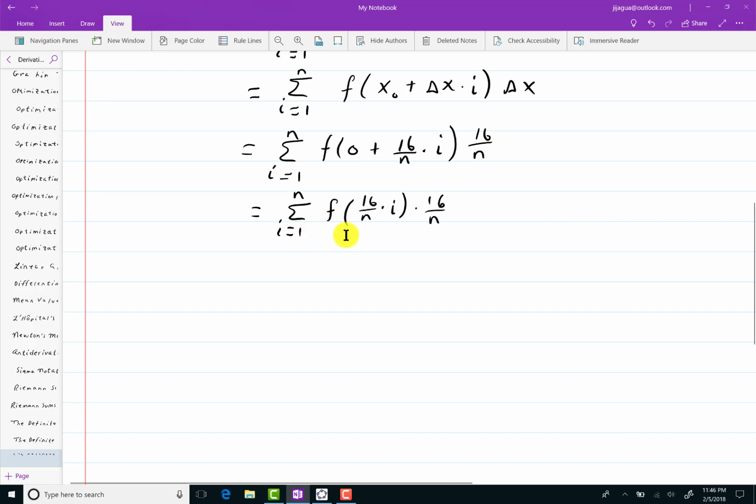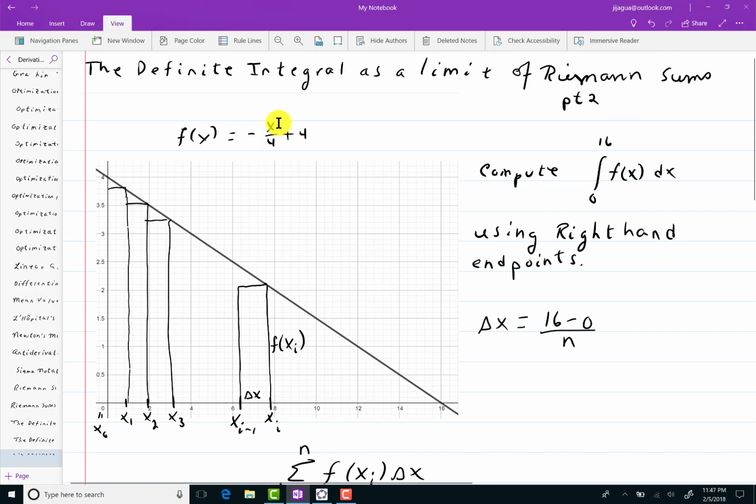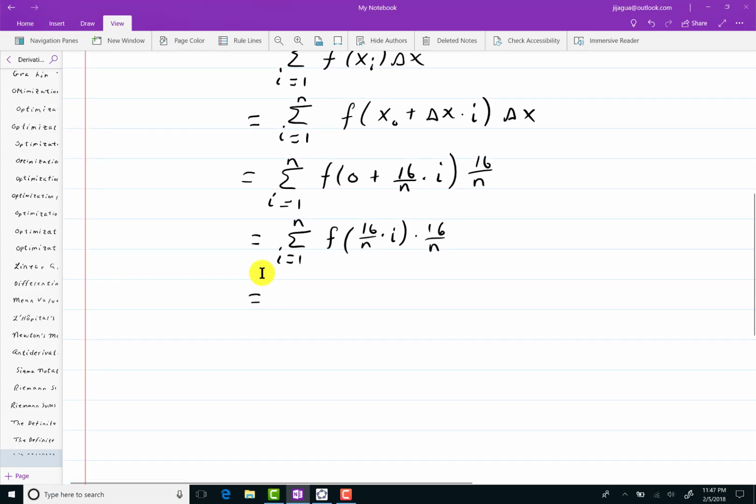And now I'm ready to plug that into the formula for f. Remember, f of x is negative x over 4 plus 4. Remember, these are actual x values, so I can plug them into that. So I will have negative, now this will be my x, 16 over n times i, divided by 4, plus 4.